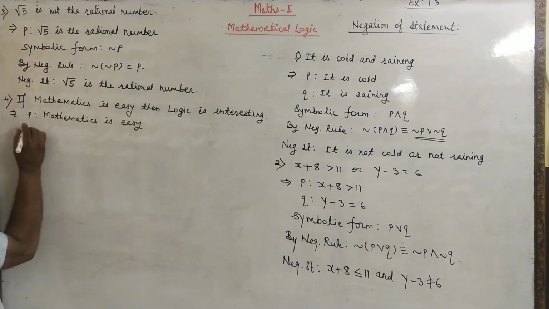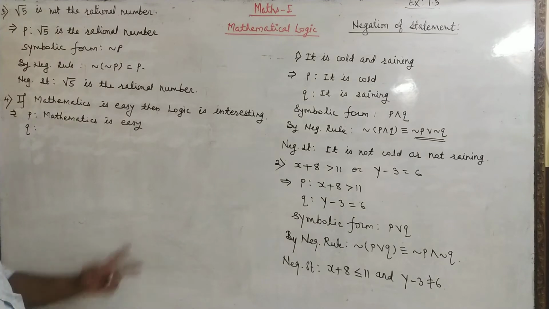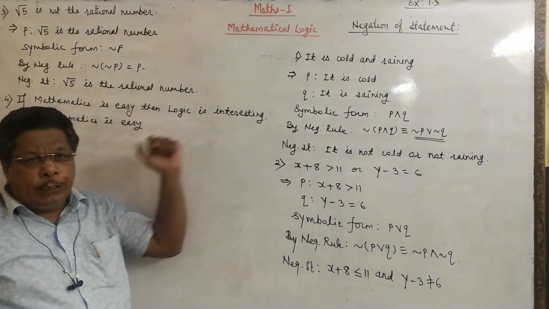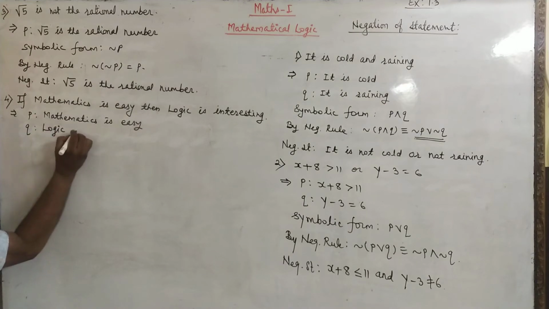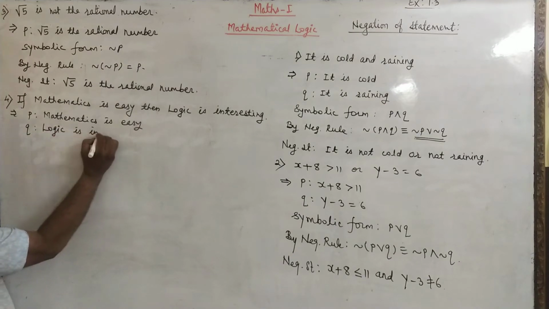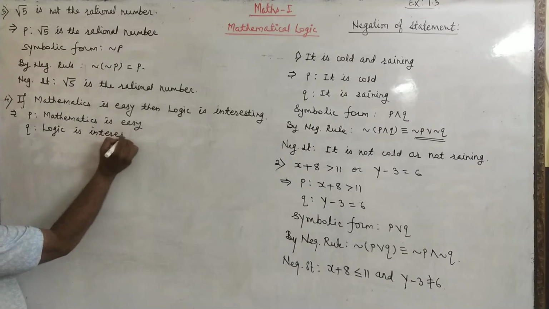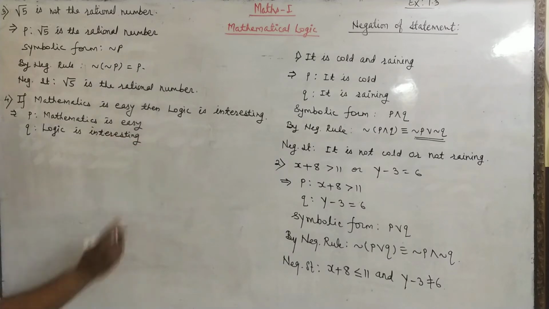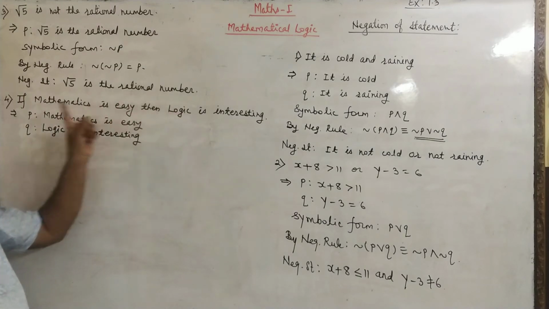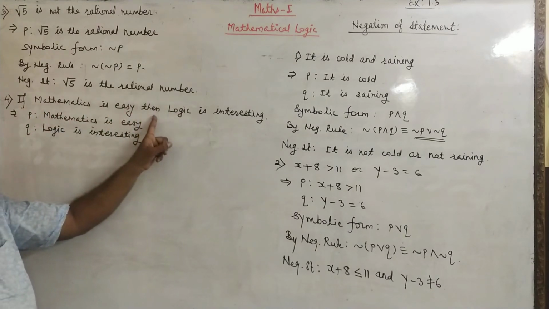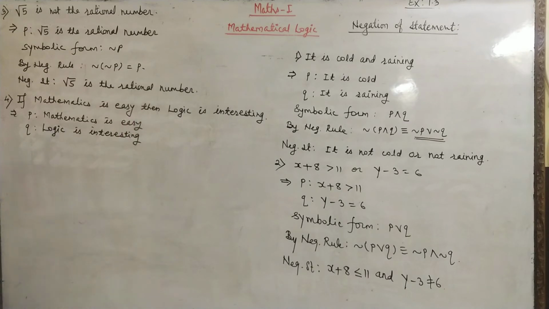What is the statement Q? Second half part: logic is interesting. First half part P, second half part Q. These two statements are joined by the connective if then. It means this is the conditional statement.